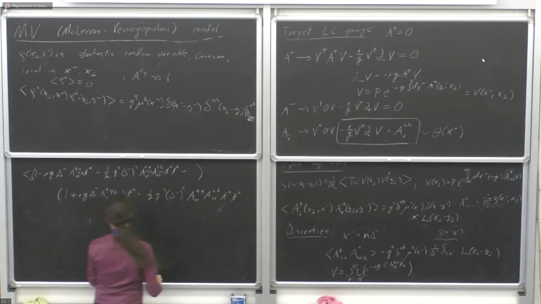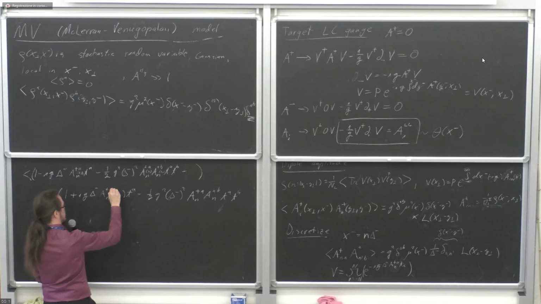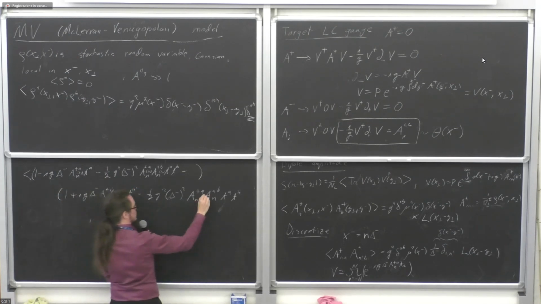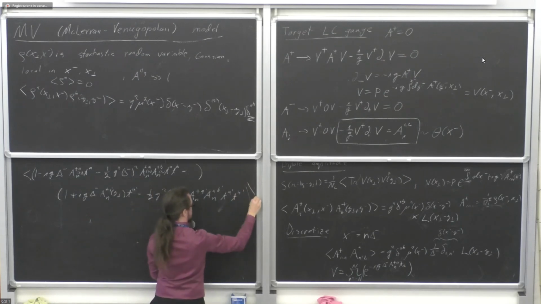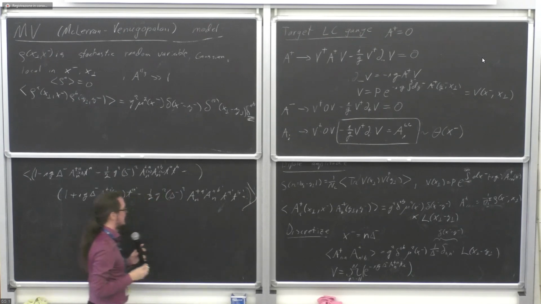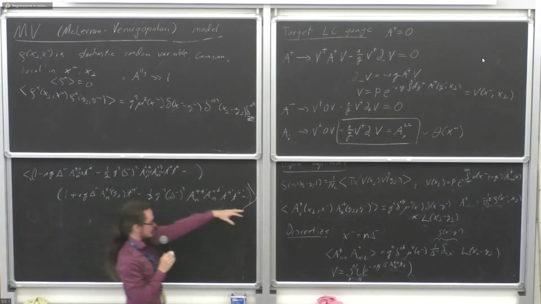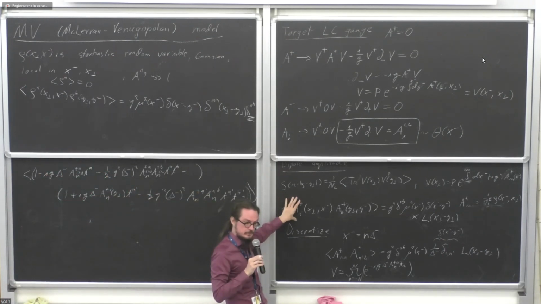And maybe if you want to be exact, I could put an A prime here to the other ones. Okay, and then plus dot dot dot, which are higher orders in delta minus. So now this is my expectation value that I want to calculate using this.